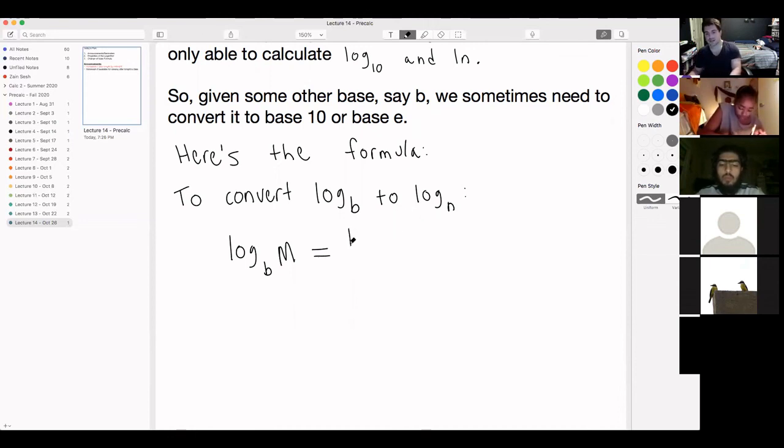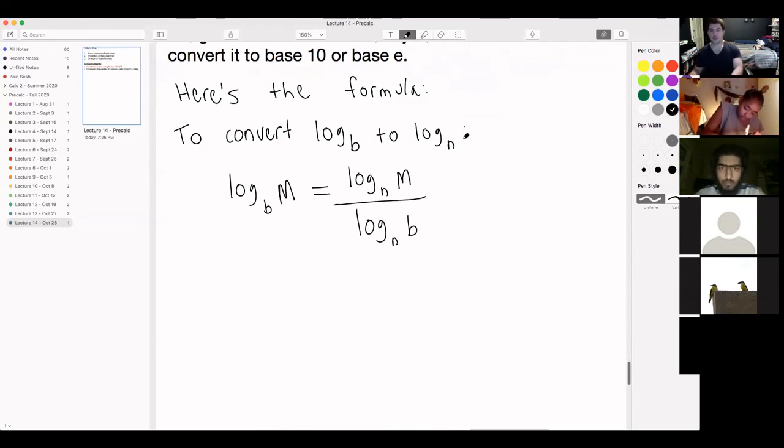It's log base n of m divided by log base n of b. And that's it. That's the formula. This m went here, and this b went there. Notice that the right side is written completely in terms of base n.